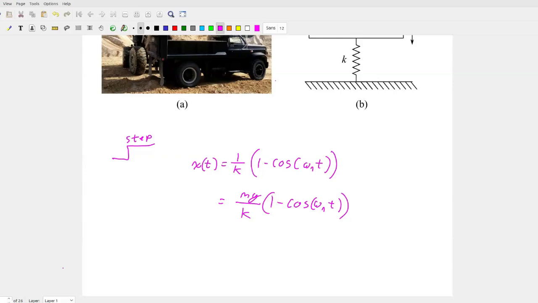And when my cosine is -1, I'm going to have a displacement of 2. So I can say when the cosine of omega t is equal to -1, I get max displacement.